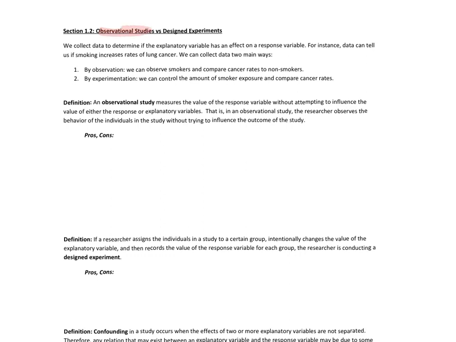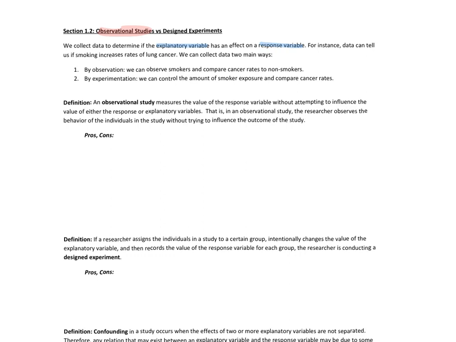Okay, so let's use this example. Let's say we collect data to determine if the explanatory variable has an effect on a response variable. I'm going to underline or highlight those. So we collect data to determine if the explanatory variable explains how another variable responds. For instance, data can tell us if smoking increases rates of lung cancer.